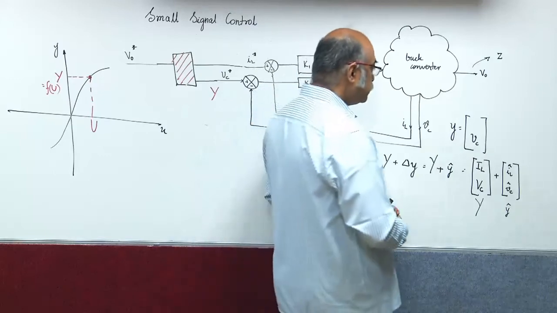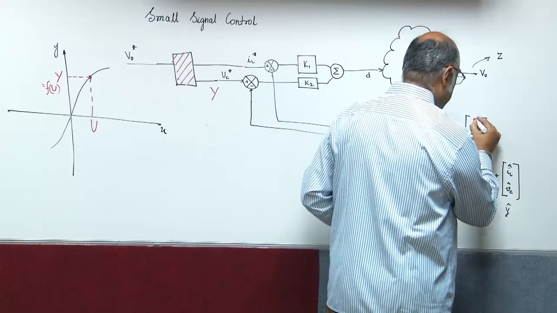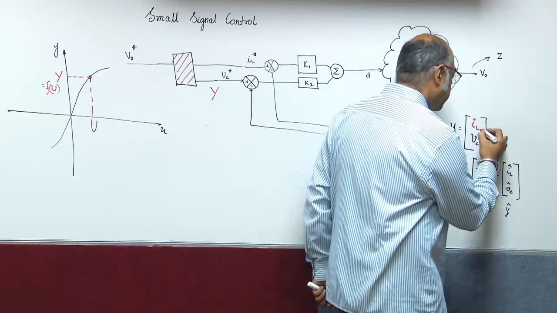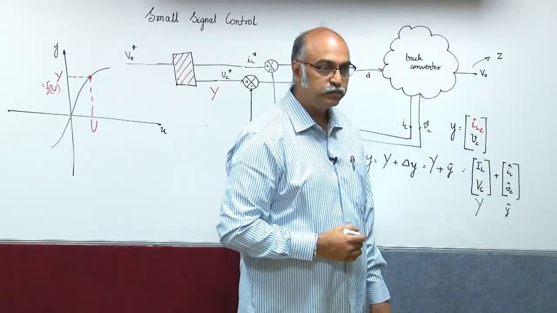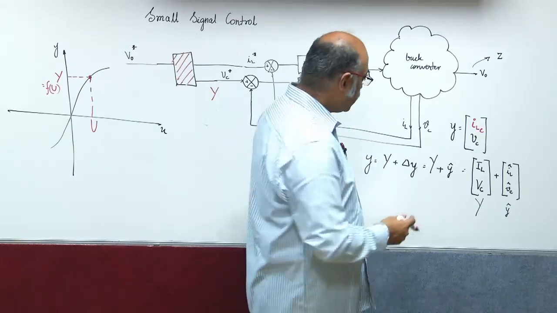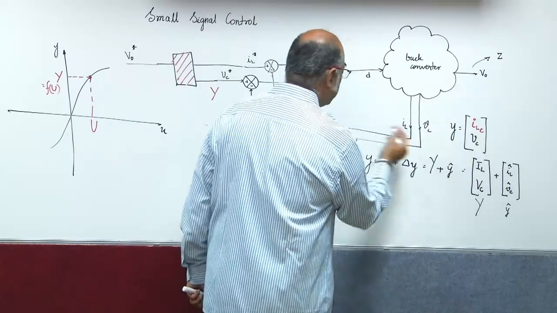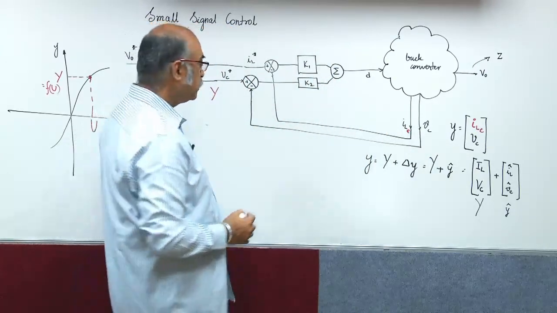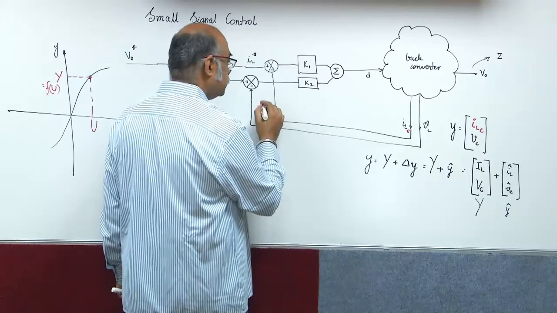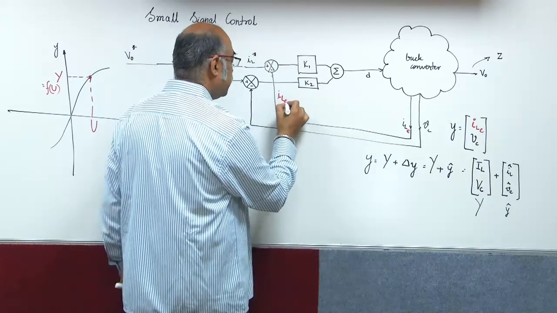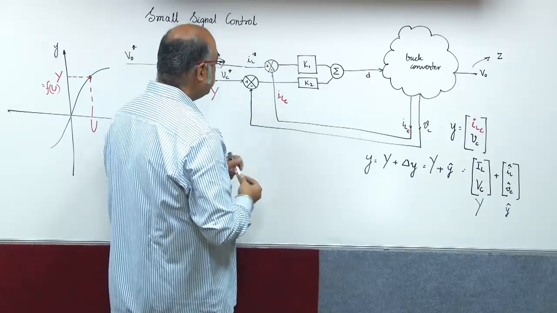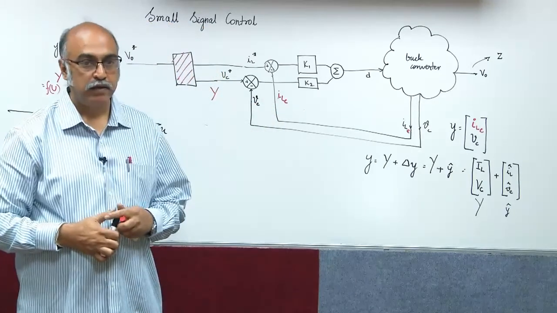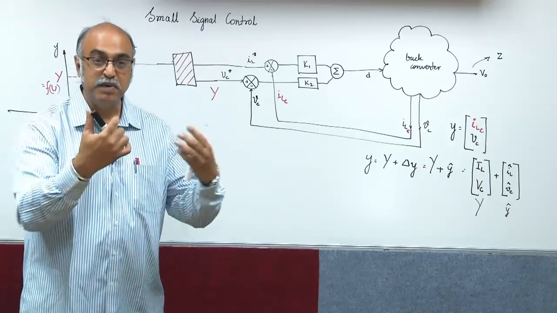So, I have to somehow estimate this. I will call it IL estimated value, and then I will push that IL estimated value all along here for feedback. So, what I will have here would be IL estimate, and this will be measured.